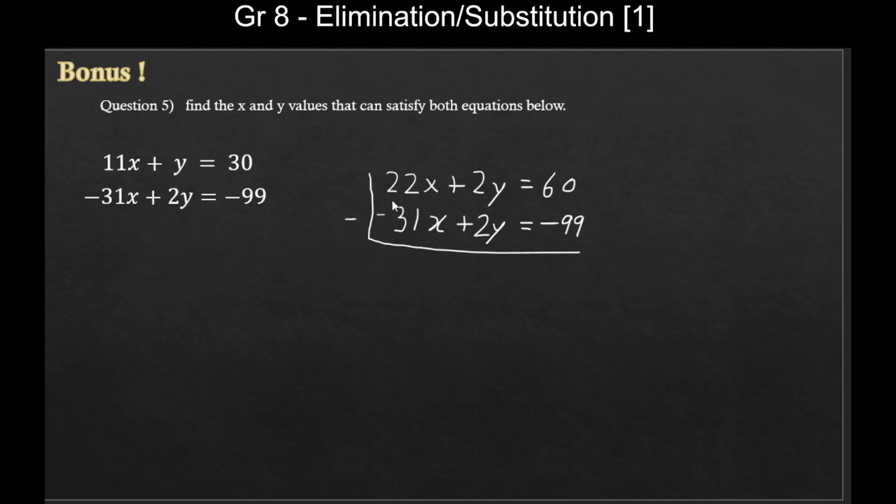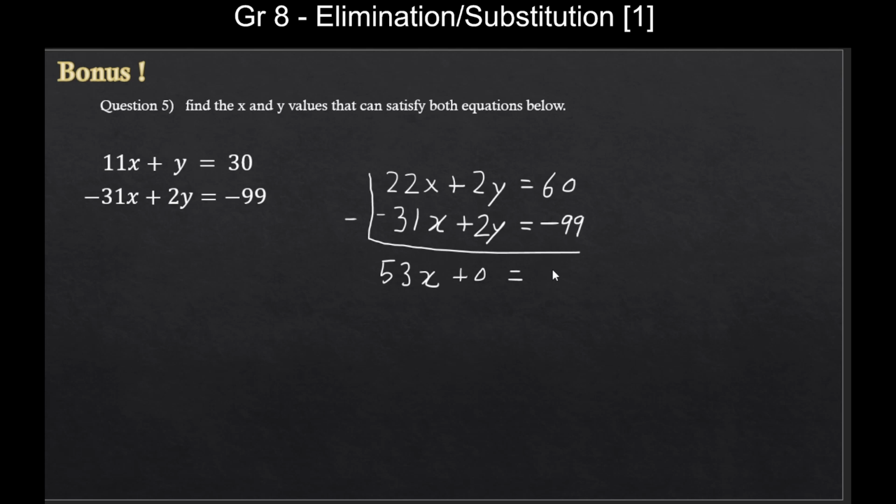So, 22 minus 31. So minus is plus, right? So 22 plus 31 is equal to 53x. 2y minus 2y should equal 0, equals 60 minus 99. So minus is plus, right?